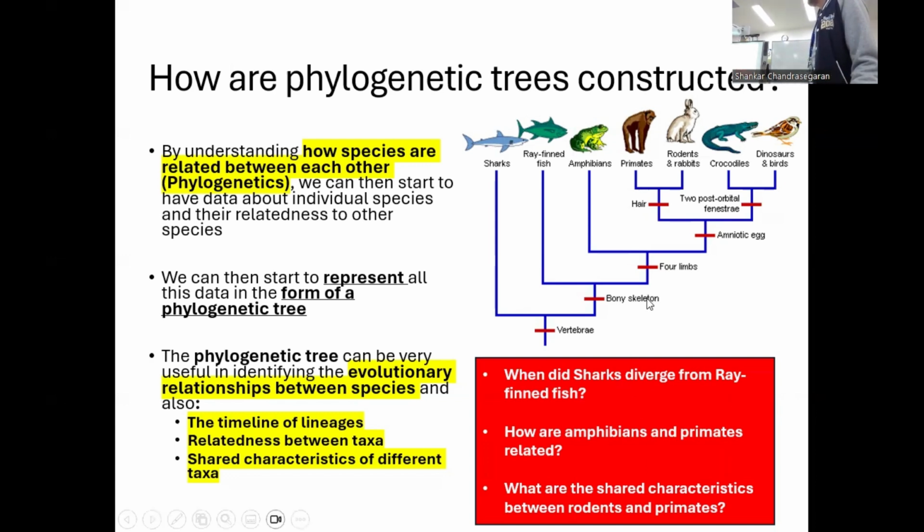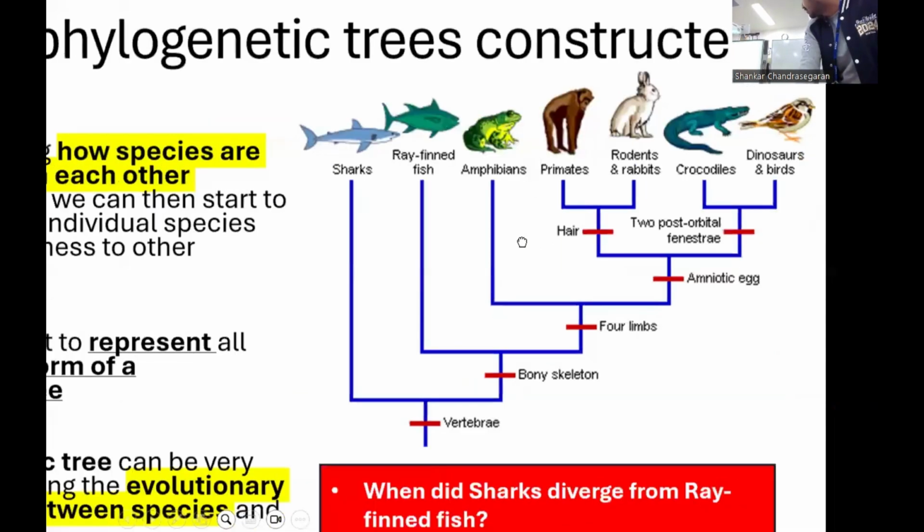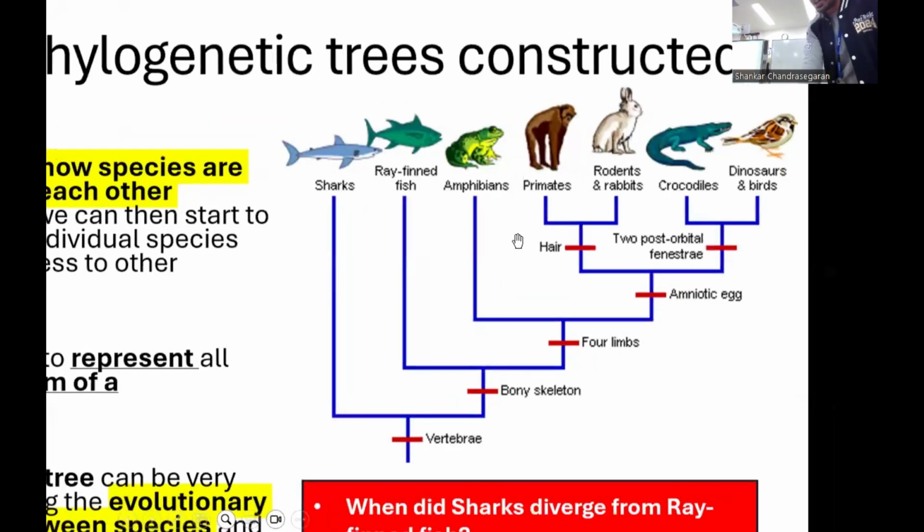So if I ask you, when did sharks diverge from ray fin fish? By looking at this phylogenetic tree, I ask you the question, right? When did sharks diverge from ray fin fish? What do you think? Can I get Emelinda? Where do you think sharks would have diverged from ray fin fish?